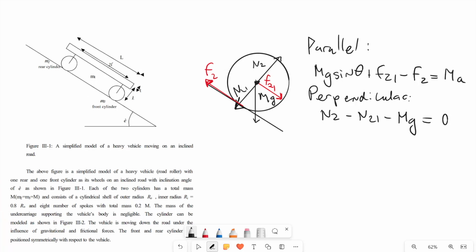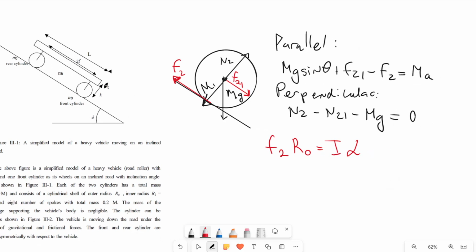There's another condition that I'm going to write, and that is that this F2 force will actually create a torque, and assuming that we have rolling without slipping, F2 multiplied by the radius R0, by Newton's second law in the rotational world, will be equal to the moment of inertia multiplied by the angular acceleration alpha.